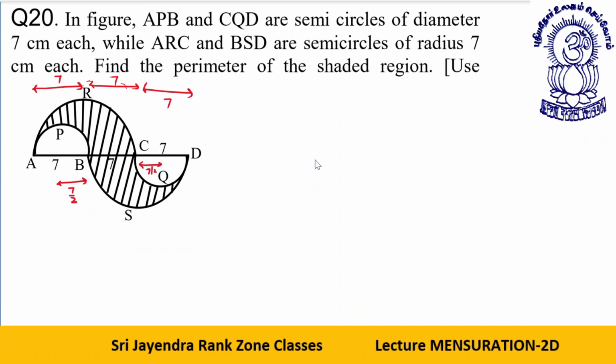See, first of all, I will draw the figure again and then I'll keep on telling you the perimeter of each and every portion. The perimeter of this portion will be, this is a semicircle, so pi into 7 by 2. Next I take this portion.